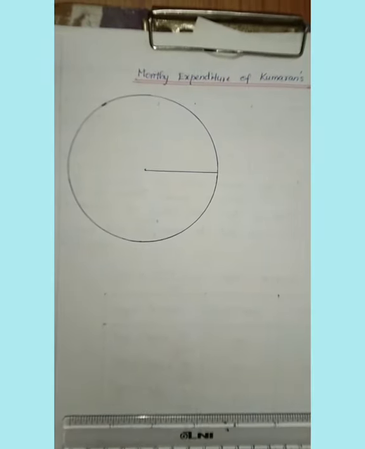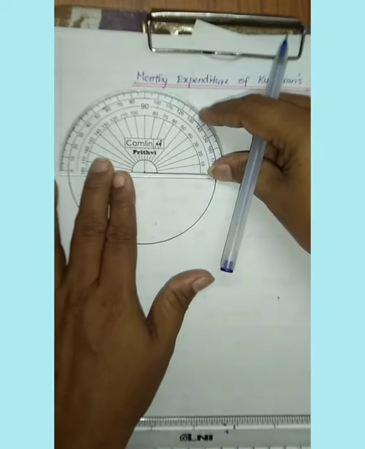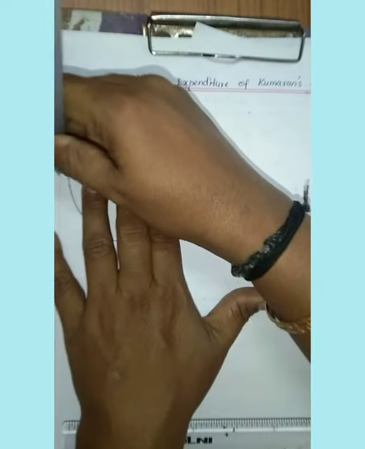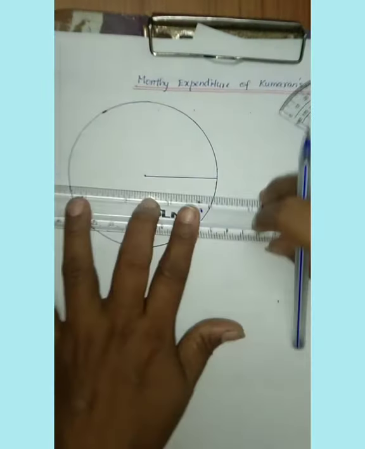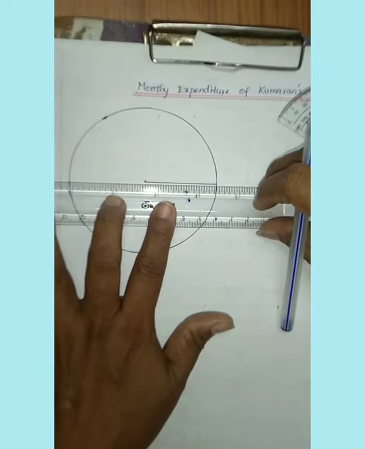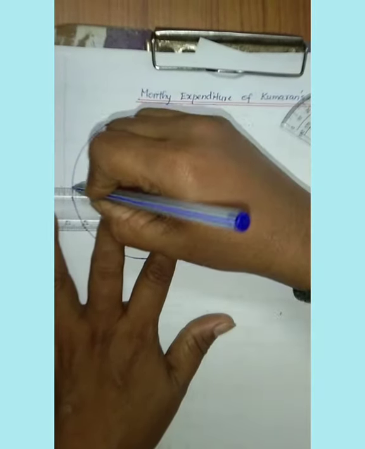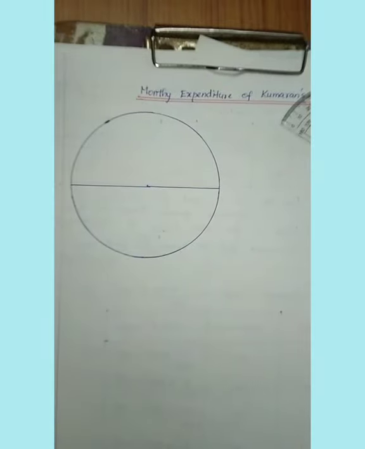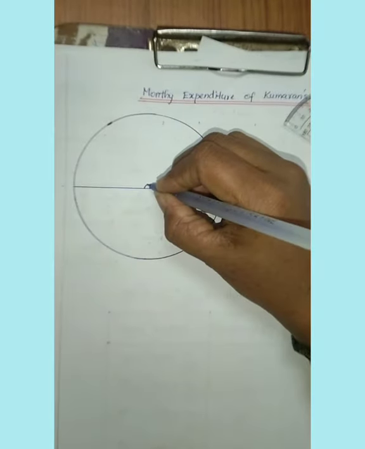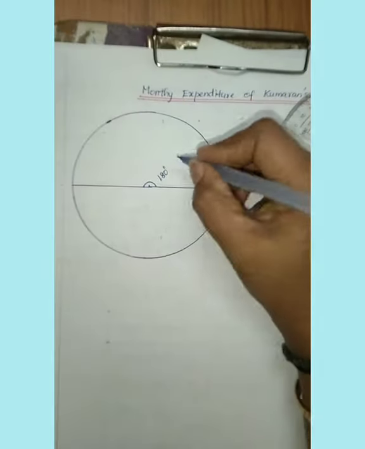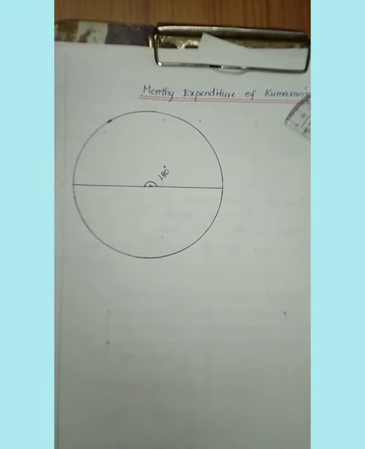So the first angle we are going to draw is 180 degree. 180 degree is a straight angle that we have already learned. So that is 180 degree. That is for food.